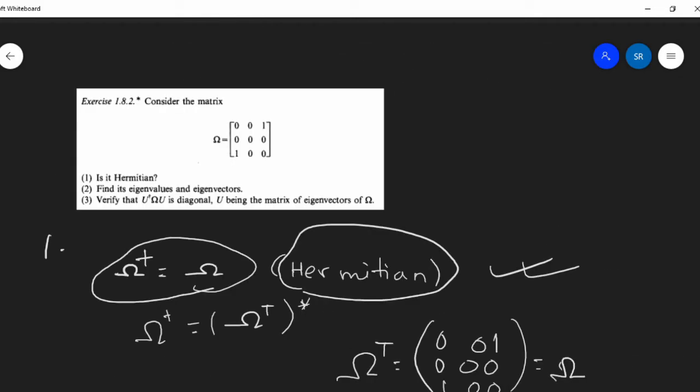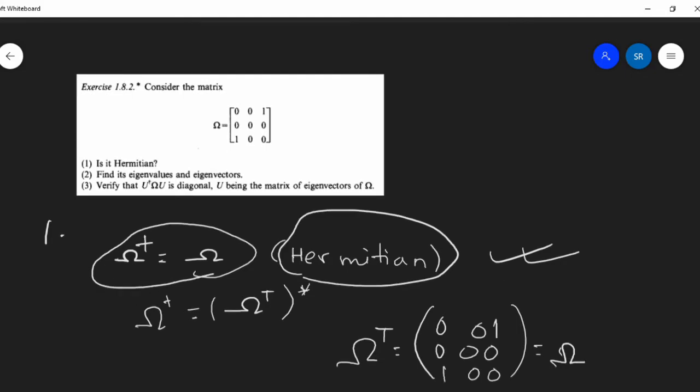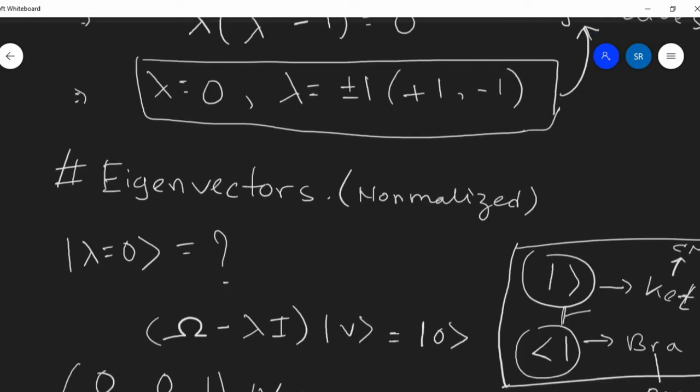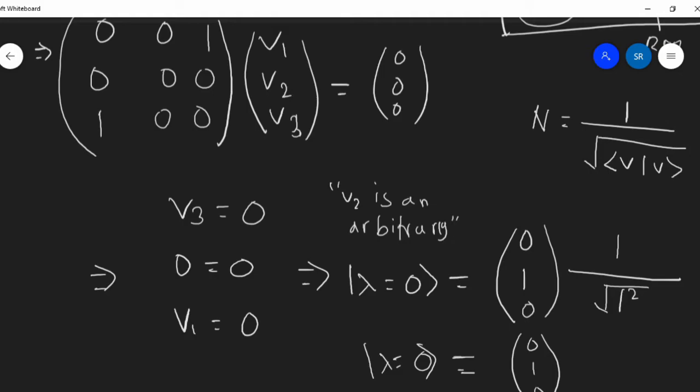Okay, this: verify that U dagger omega U is diagonal, U being the matrix of eigenvectors of omega. So we have to verify that this is diagonal.